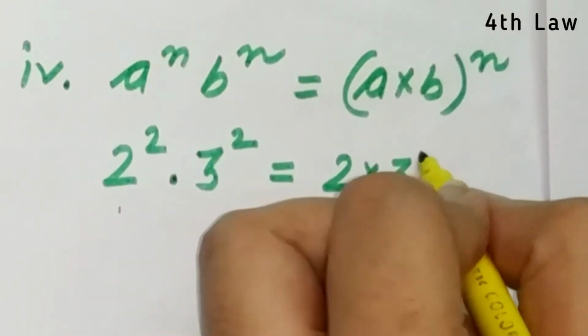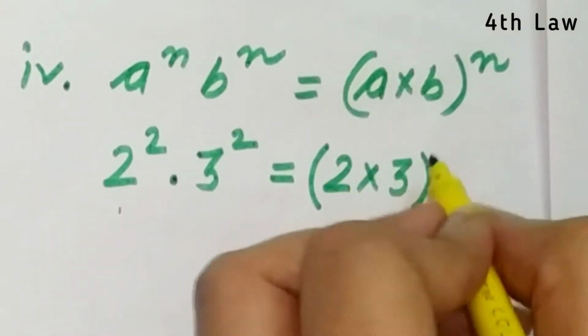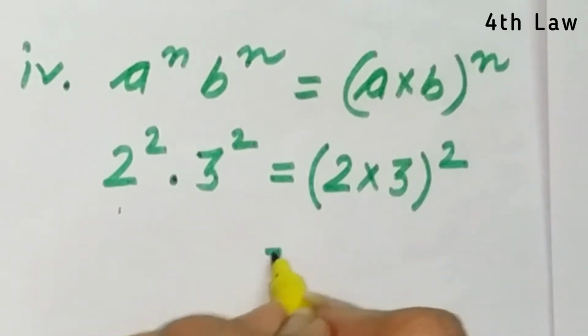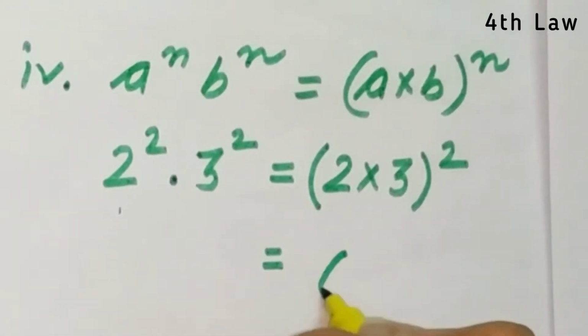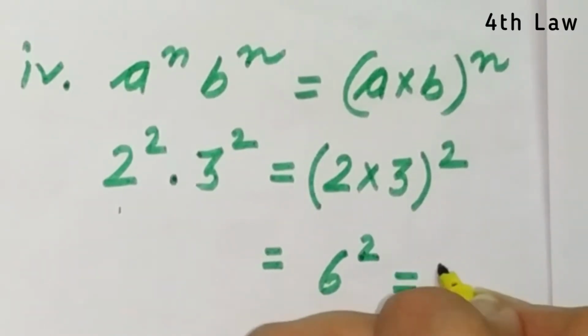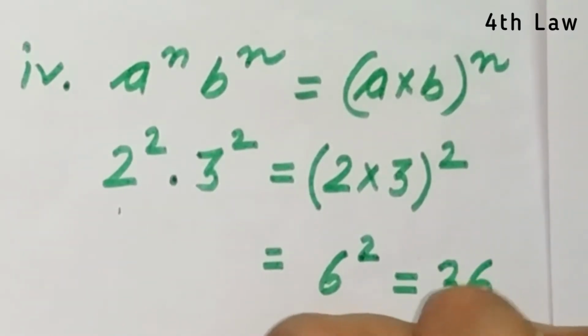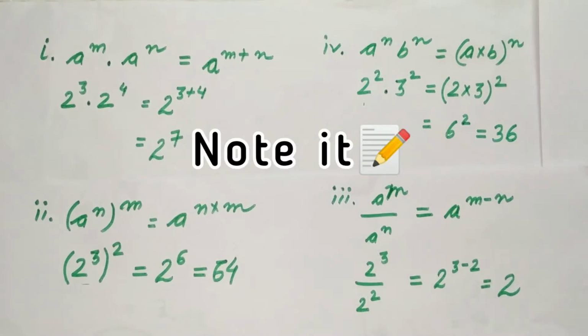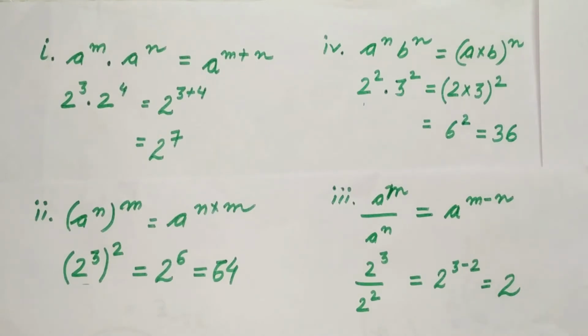We will multiply the base and raise it to the power 2. 6 raised to the power 2 is equal to 36. So let's solve exercise 1.6 and apply all the laws of exponents.